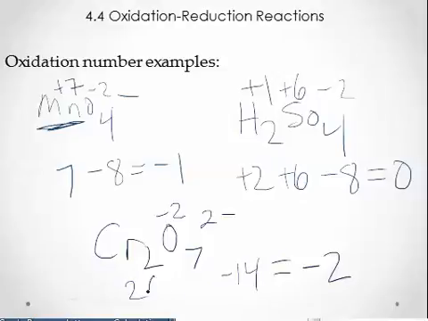We have 2 chromiums. So 2 times what, minus 14, is going to give us negative 2. We know that 12 minus 14 is negative 2. So 2 times 6 will end up with the negative 2. So this chromium has a charge of plus 6.